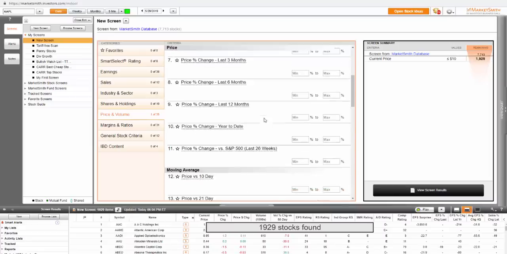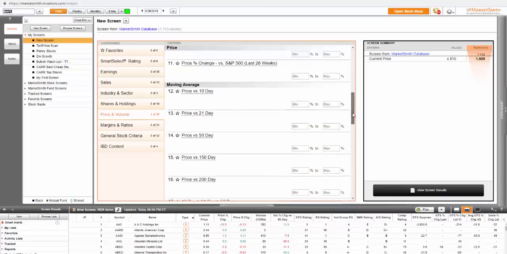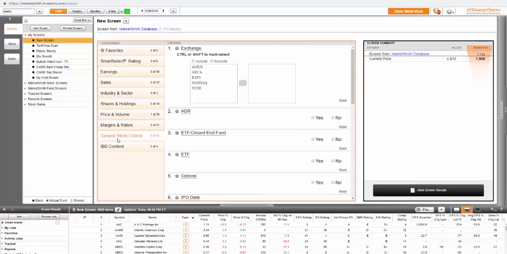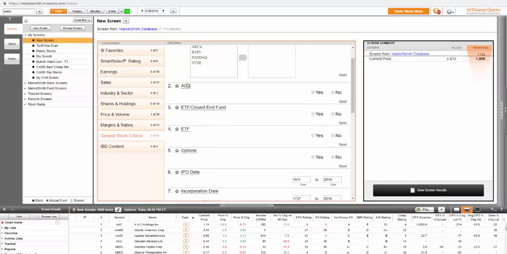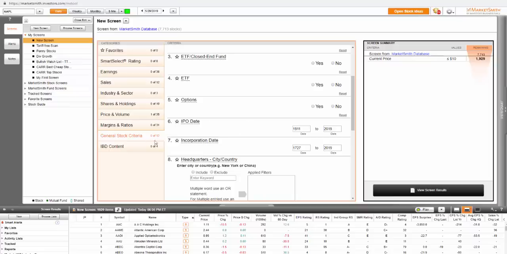And you've got volume, some volume markers if you want to make sure the stocks you're trading are fairly liquid, and so on. Margins and ratios, general stock criteria. Make sure that it is or is not an ETF, whether it has options. Is it something on the foreign exchanges? Is it an IPO? And so on.